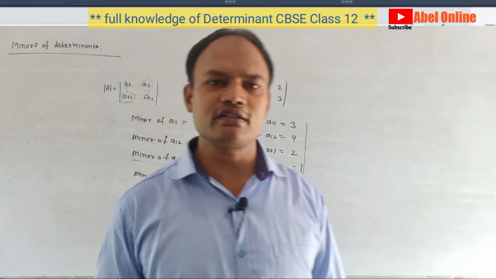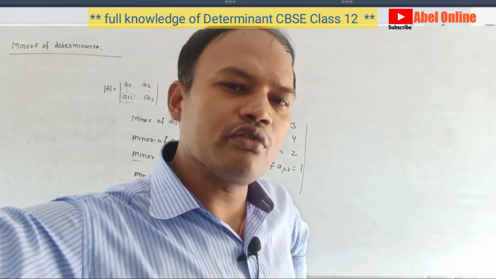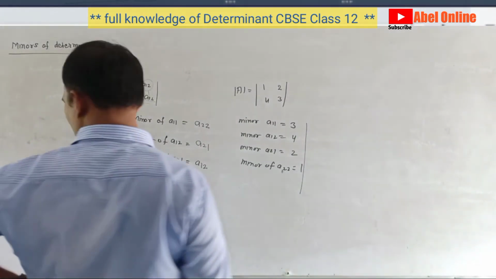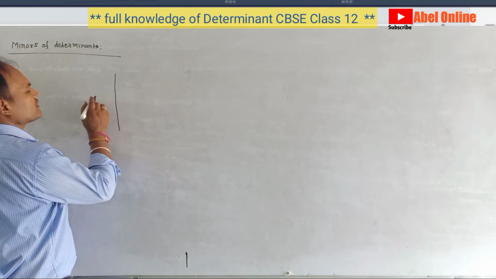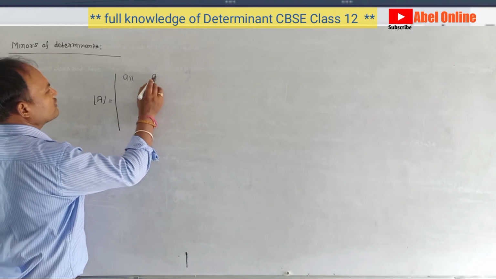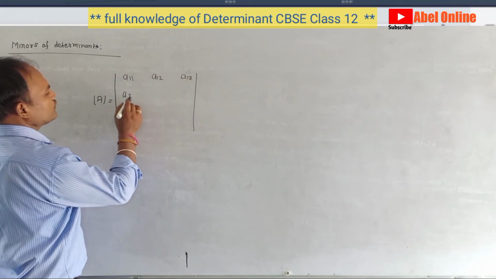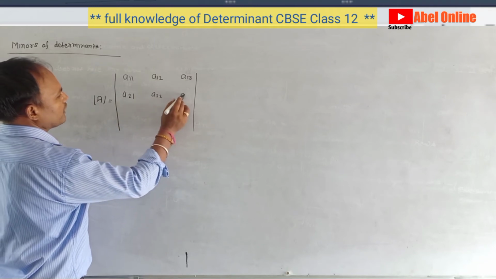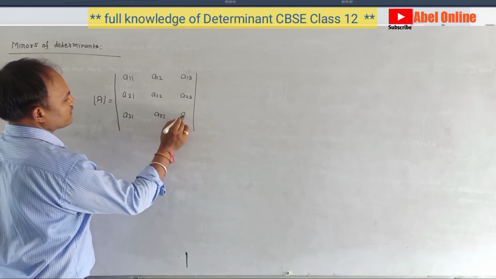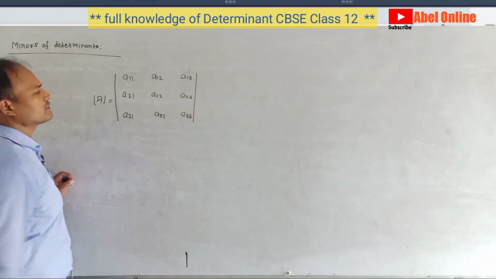Now a question arises: sir, you have told about 2 cross 2, what about 3 cross 3? This is your answer also. Now we are going to solve. Suppose a determinant is given: A11, A12, A13, A21, A22, A23, A31, A32 and A33.